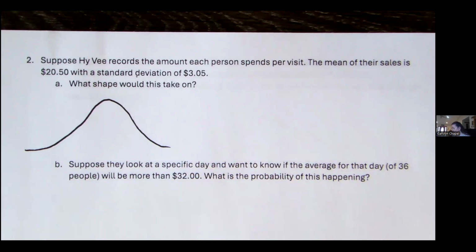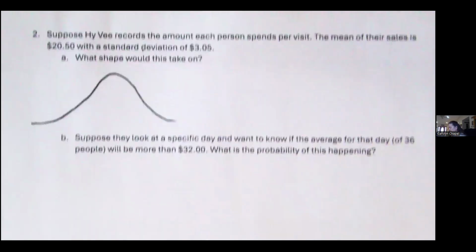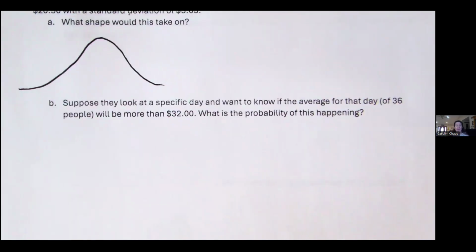So I feel this one might be a little bit skewed to the right or normal. It's really hard to tell without actually going and collecting data. So that's kind of what we would have to do in situations, is try to figure out what shape it takes on without actually doing any data. And a lot of times we don't know. So, but let's suppose they then went further.